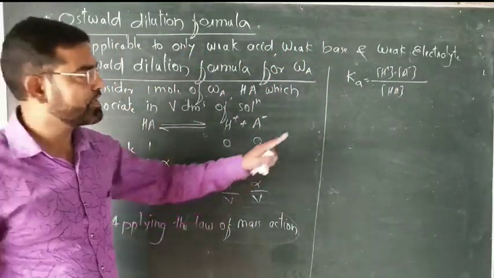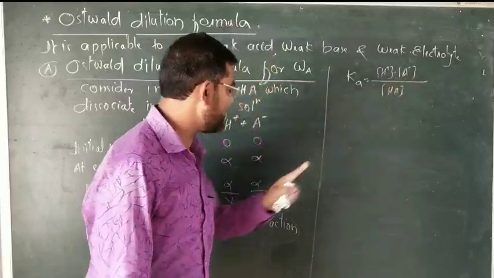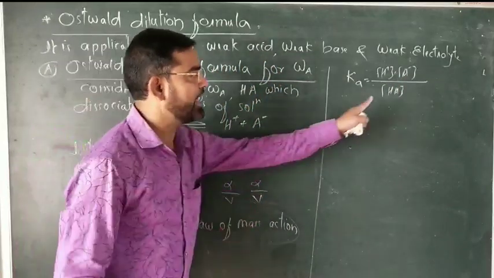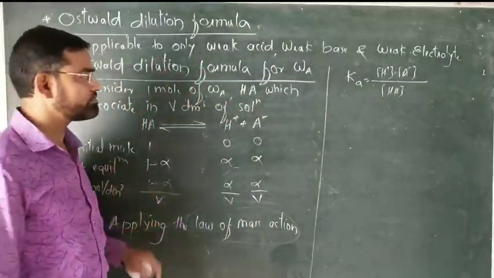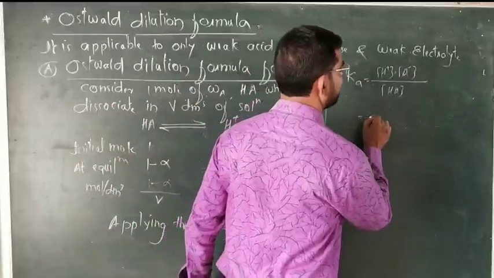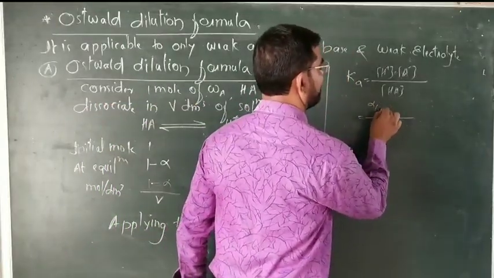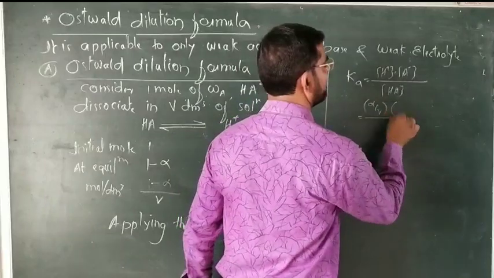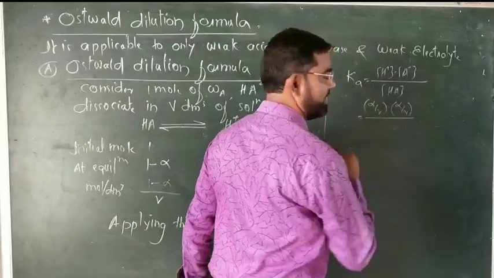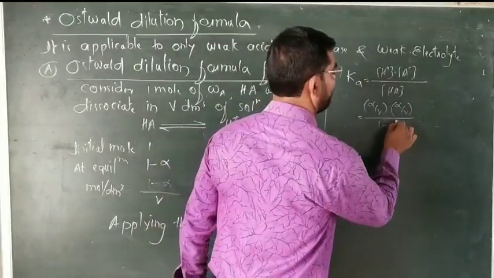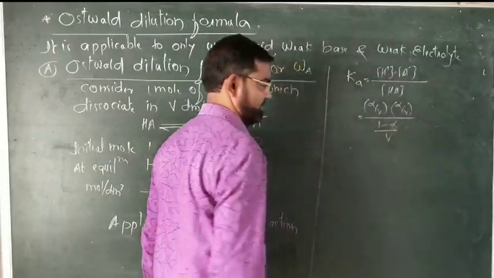Put the values of H plus, A minus and HA, we get alpha upon V in one bracket, alpha upon V in another bracket upon 1 minus alpha upon V.